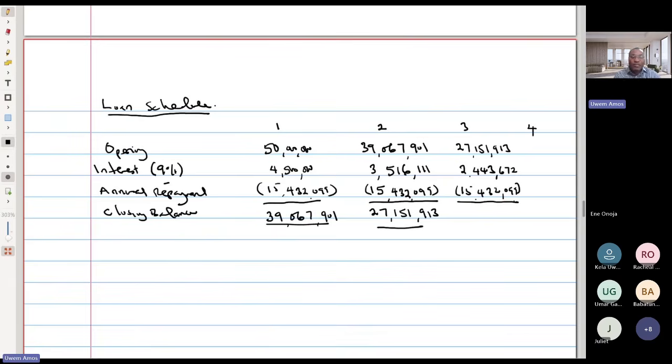What do we have as a closing balance? 27,151,913 plus 2,443,672 minus 15,432,099 gives us 14,163,486. Closing balance becomes our opening balance.